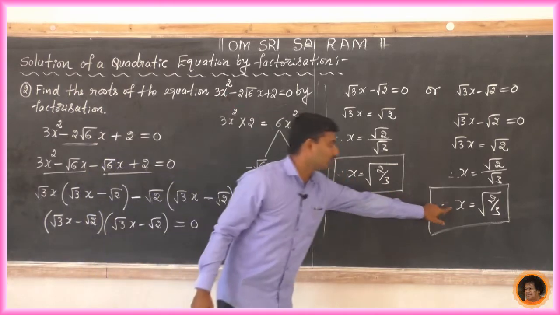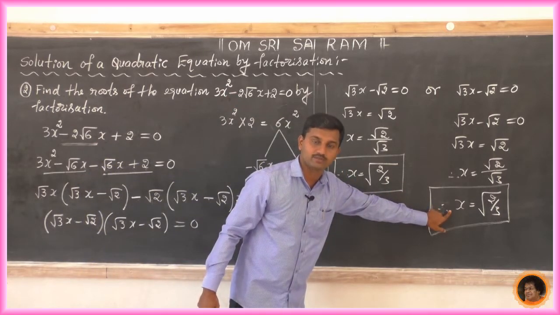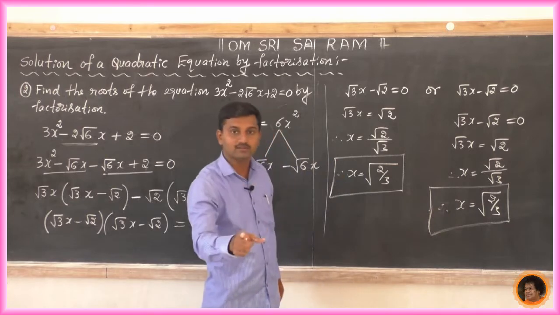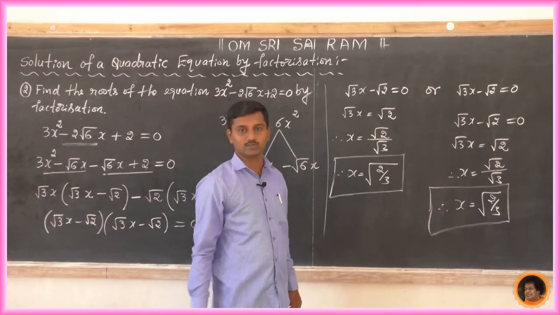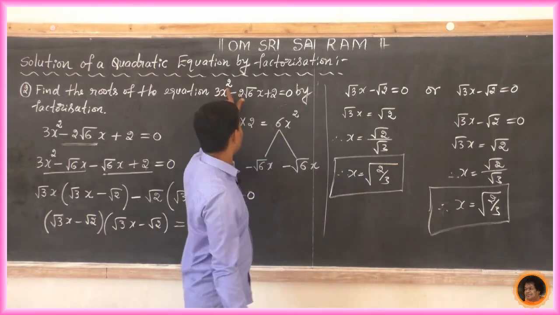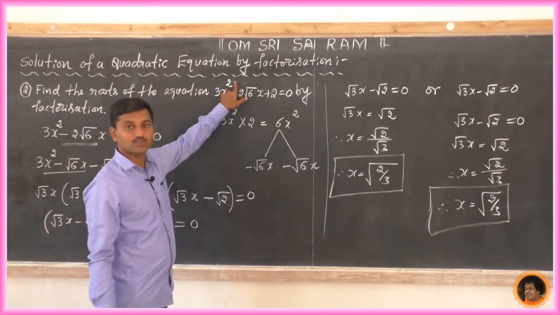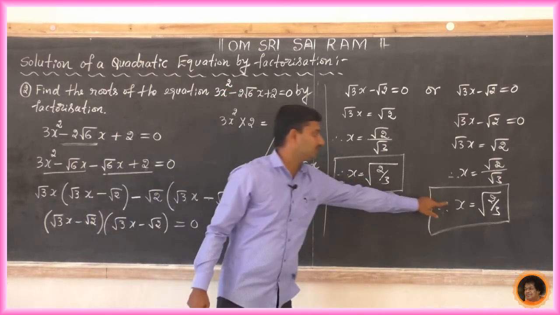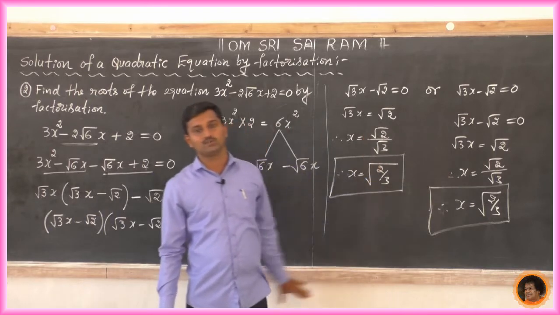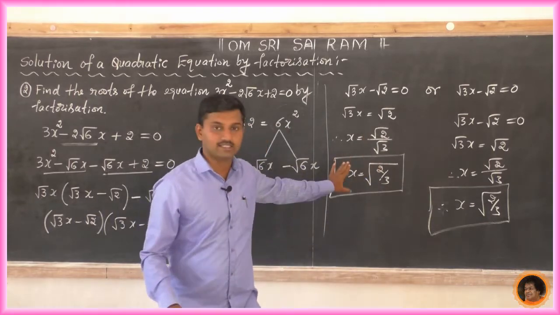If the highest power is 1, it has only 1 root or solution. So here the highest power is 2, therefore it has 2 roots. So I think it is clear.